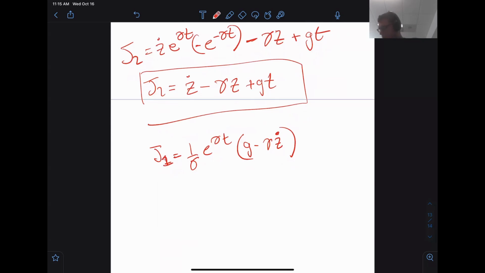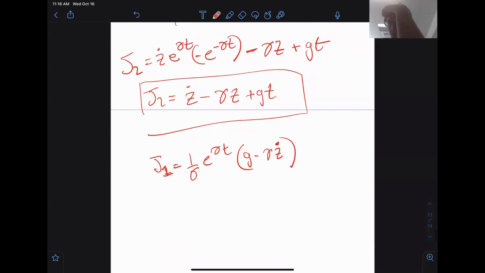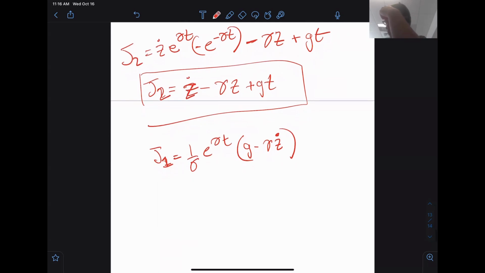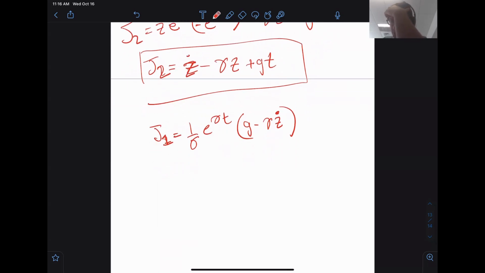So the way I'm going to try and combine them is that this J2 equation has z dot, so I'm going to solve for z dot in this one and then plug it into J1.